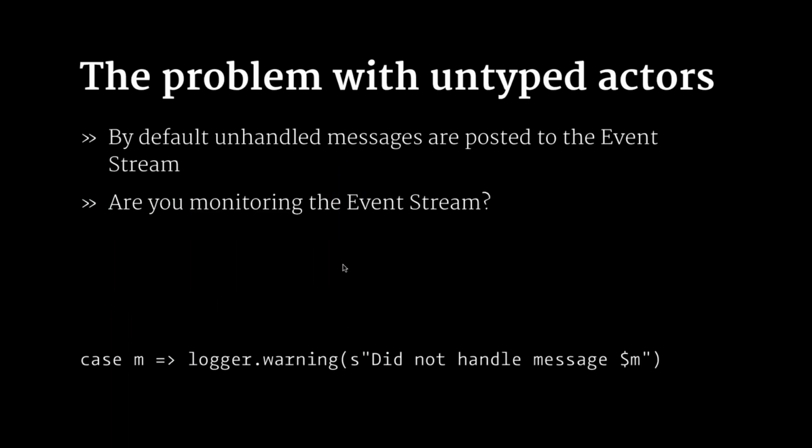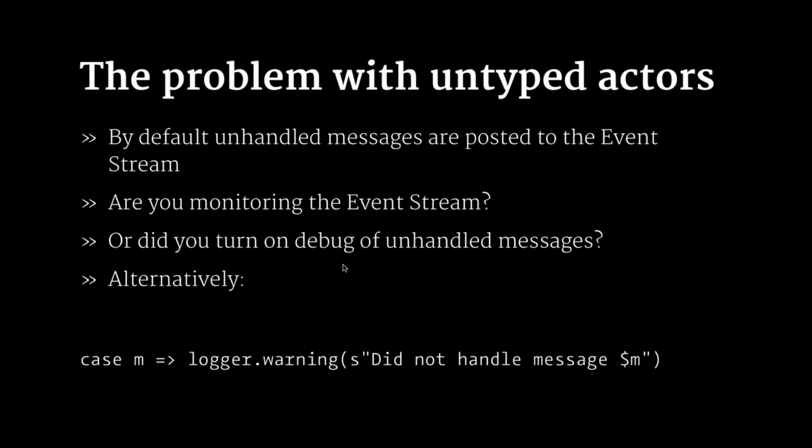In this case, what's happening is we're sending a message to the actor, and the actor is not expecting or handling this message. By default, unhandled messages are fairly quiet, very silent. There's an event posted to the event stream, but most people, when building their first few applications in Akka, may not be aware of this and may not be monitoring the event stream at all.